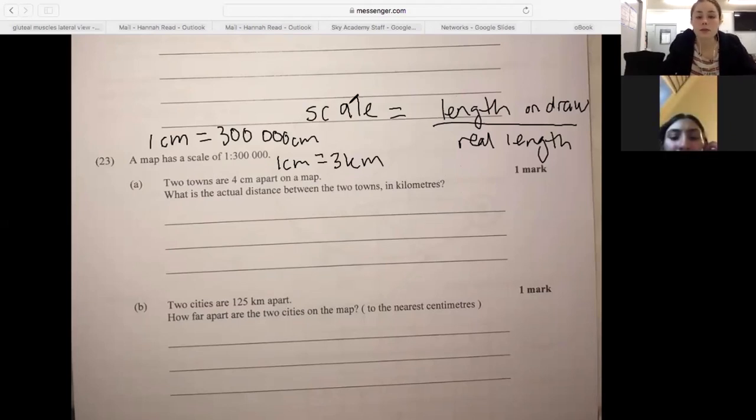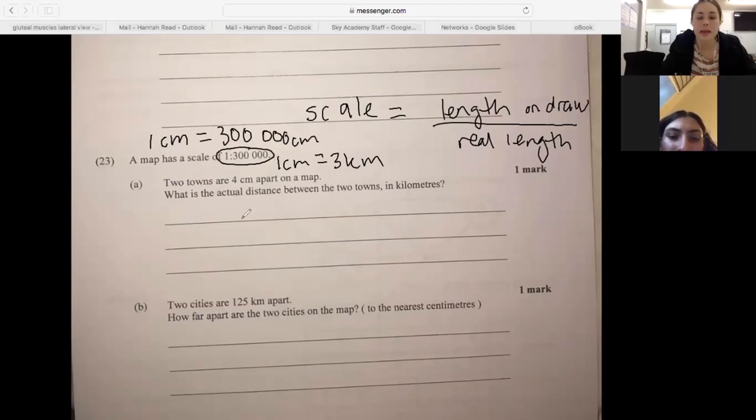So if we look at the formula, what is it? Scale equals length on drawing over real length. Okay, let's just use the one there. This is our scale here.